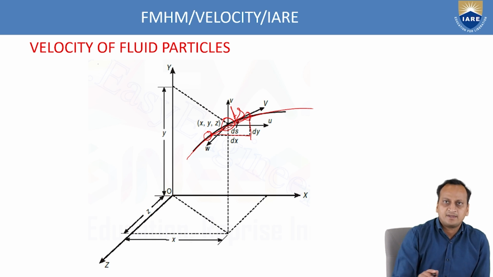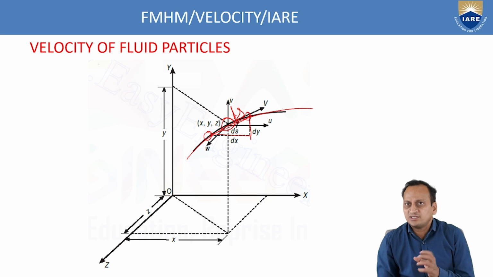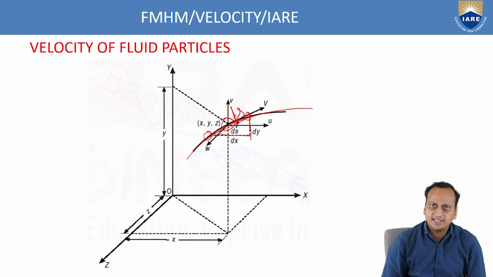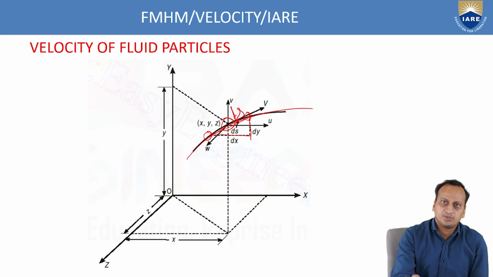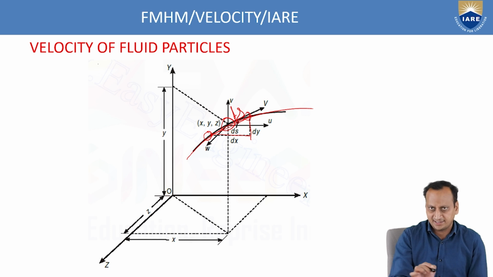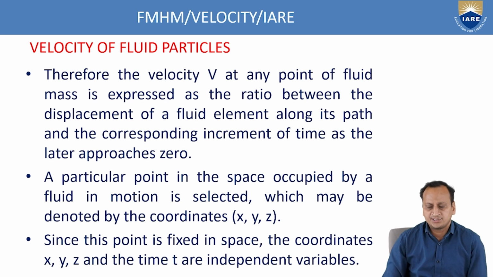So these are the displacements about different axes: dx, dy, dz, ds. And small u, small v, small w are the velocity components about the three different axes. So for this, we will find out the velocity.